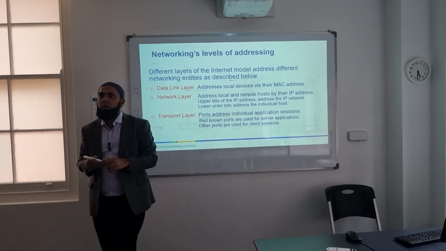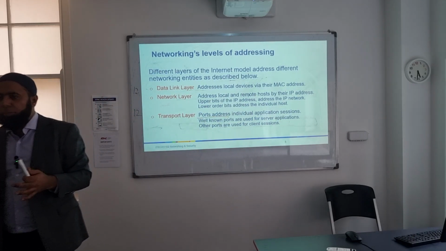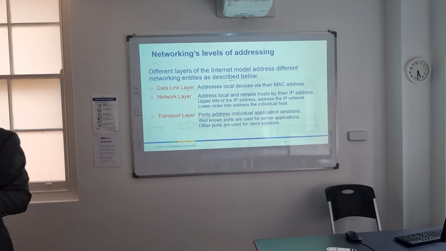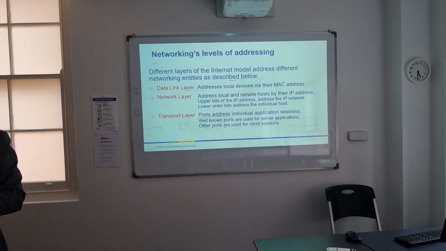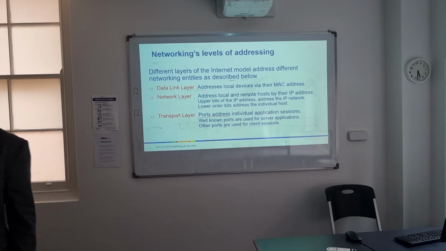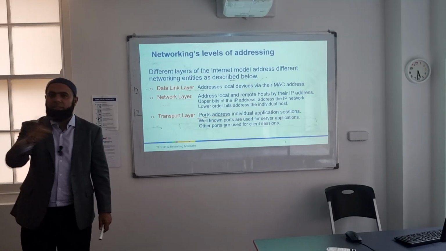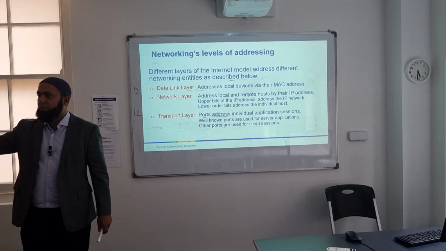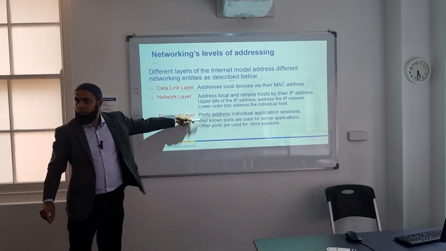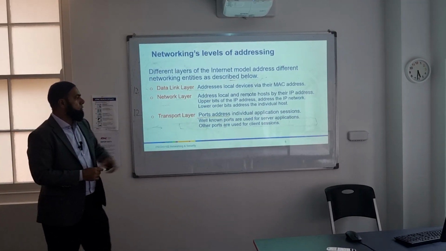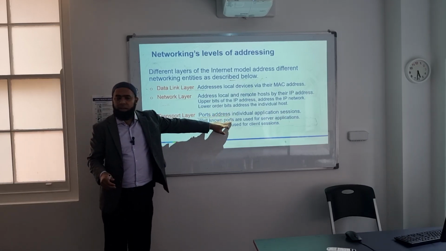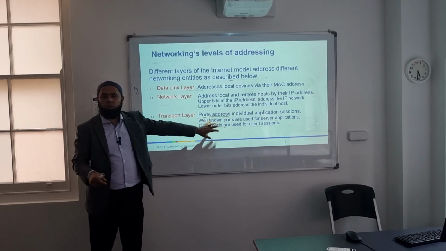So the port number now comes into play to assign data to an application. Every application works on some port number. By having the address of that port number, we know this data is for this app and that data is for that app. Well-known ports are used for server applications, other ports are used for client sessions.